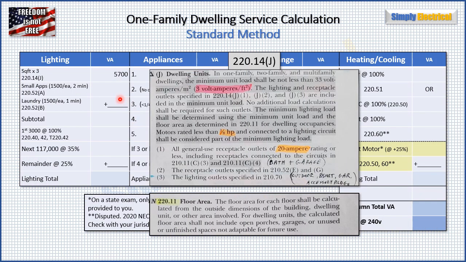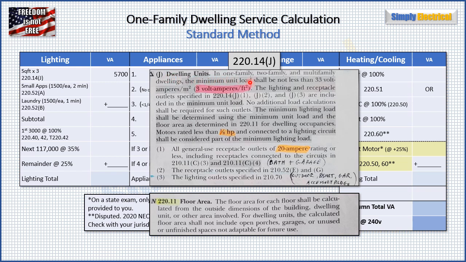Well, the first thing we do, we're going to start on the left side of the table. We're going to take our lighting column. We take our square footage of our single family dwelling, and we multiply that by 3 to get our VA total. Now, how do we know that? Well, 220.14(J) tells us. Let's read it. Dwelling units.